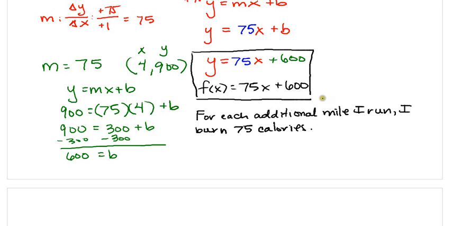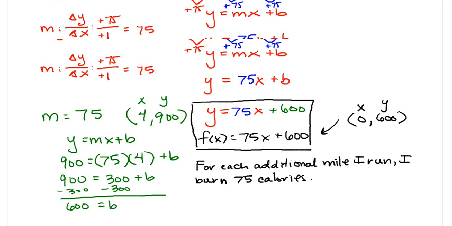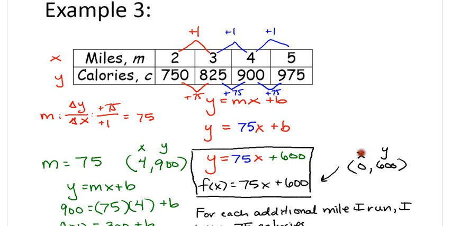And the y-intercept then is 600. If I were to think about the ordered pair for the y-intercept, it would be, like we saw in the table, (0, 600). And if x is representing the number of miles I've run, this means I've run 0 miles and I've already burned 600 calories.